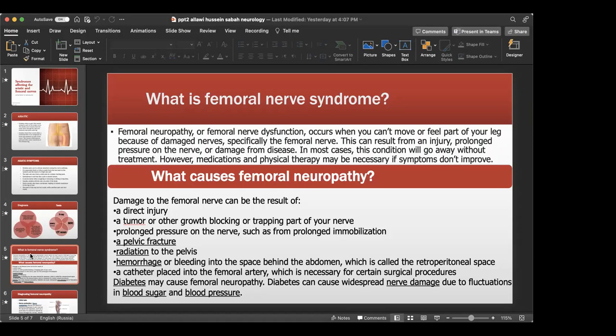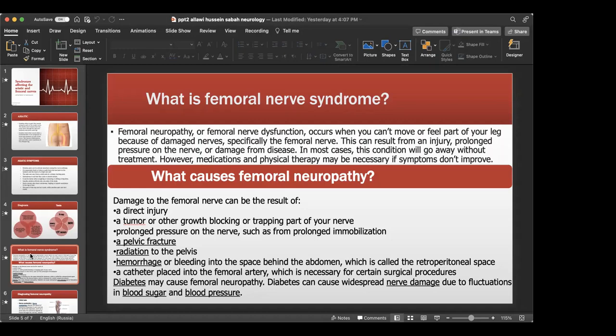Prolonged pressure on the nerve, such as from prolonged immobilization, pelvic fracture, radiation to the pelvis, or hemorrhage or bleeding into the space behind the abdomen, which is called the retroperitoneal space. Also a catheter placed into the femoral artery, which is necessary for certain surgical procedures.